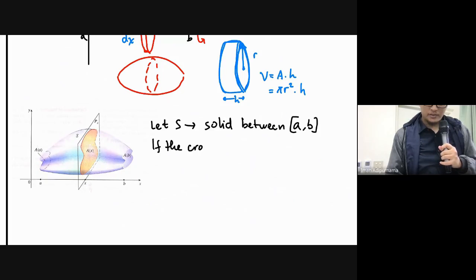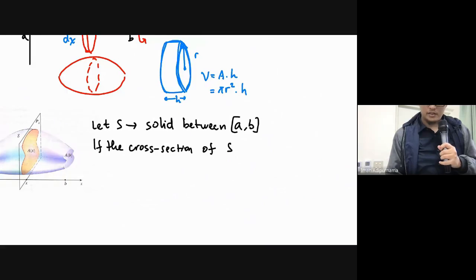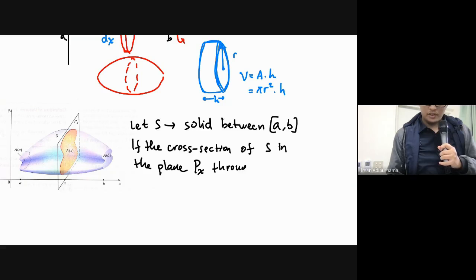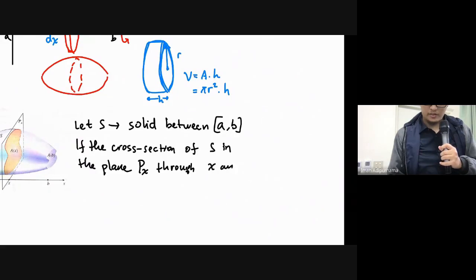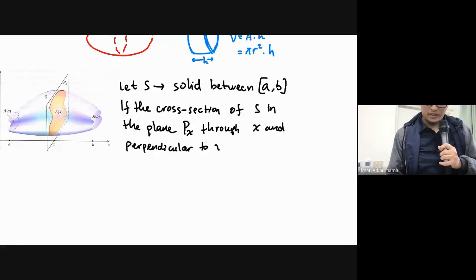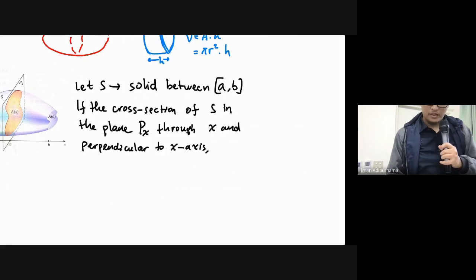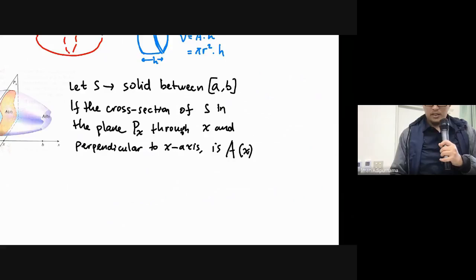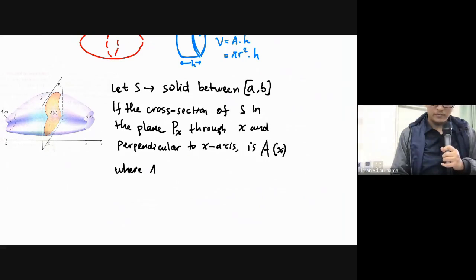If the cross section of S in the plane Px through x and perpendicular to the x-axis is A(x), let's say we have the function of the area, where A is a continuous function.